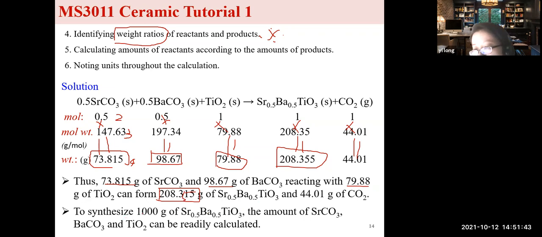Now of course, what I need is not something like 200, I need 1000. So what is the X and what is the Y? This is also very simple. You just need to make sure the ratio is the same. Everything has to be proportional. Very straightforward.